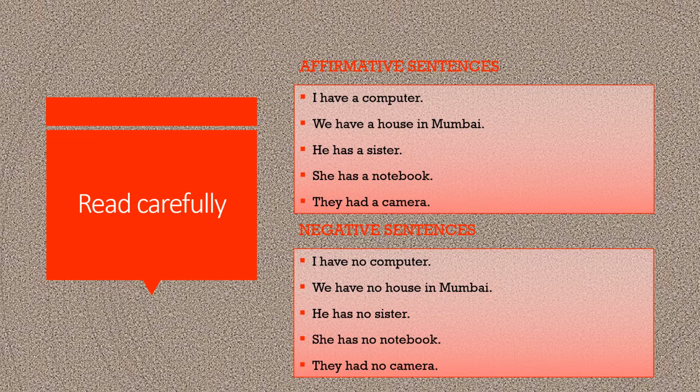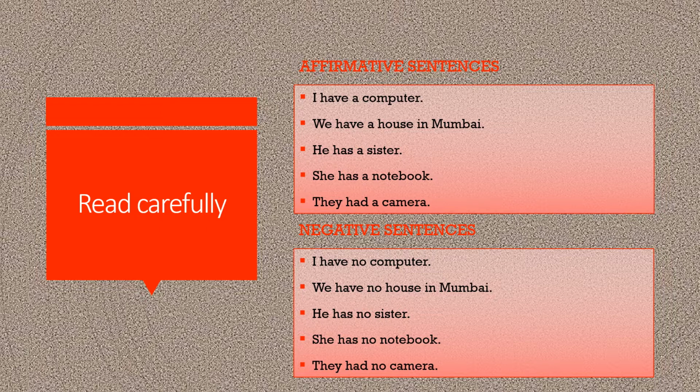I have a computer, we have a house in Mumbai, he has a sister, she has a notebook, they had a camera. Now have a look at negative sentences. I have no computer. We have no house in Mumbai. He has no sister.